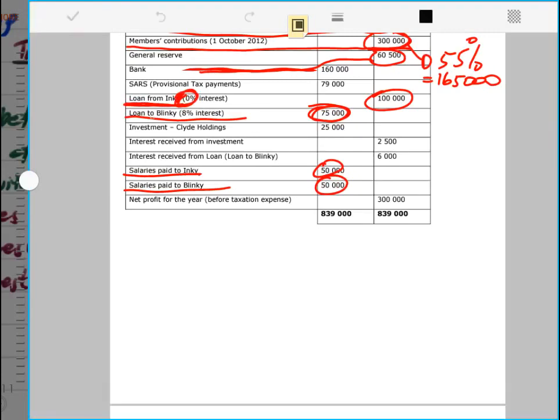However, whenever the member took the loan from the close corporation, or whenever the close corporation gave a loan to the member, there was 8% interest out of that 75,000 rands. So now we are already given the interest that the CC received, which is interest received from a loan, and that is 6,000 rands, indicating income.